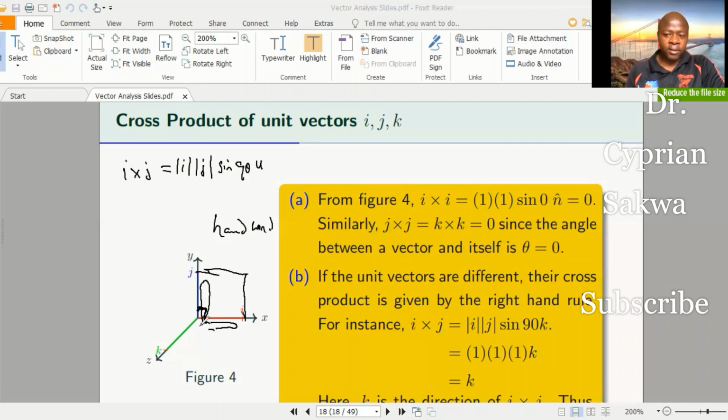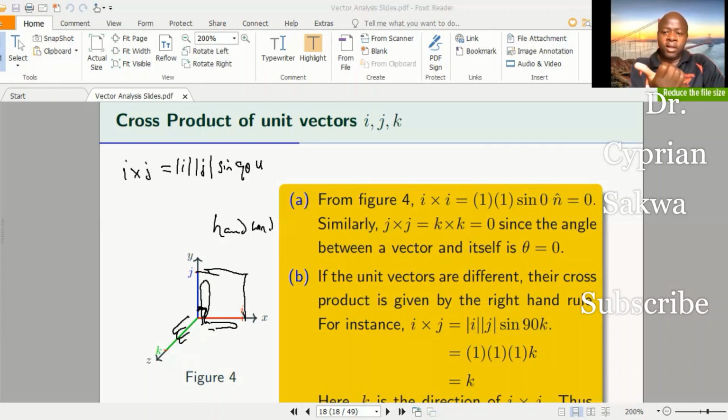Where will they be facing? When you try that, you'll see that the other fingers, when you fold them, will be facing the direction of k.